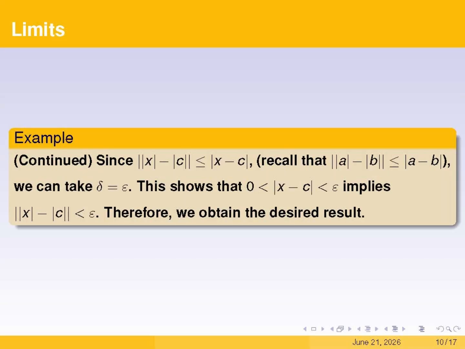Since the absolute value of x minus the absolute value of c is less than or equal to the absolute value of x minus c, we can simply choose delta to be equal to epsilon to obtain the required definition statement, and the proof is complete.